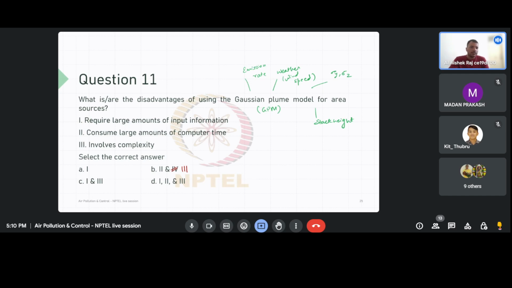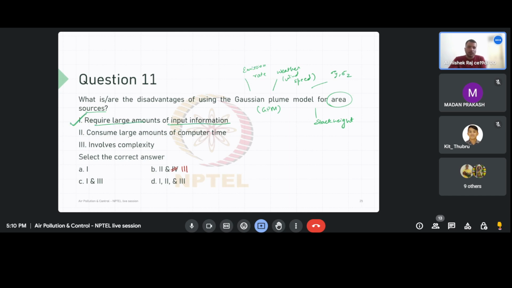And we don't need these for just one source. Since we are considering area sources, we'll do the calculation over a certain area. If we have to calculate for a whole community, a whole city, there will be thousands of sources causing pollution. So to include everything in GPM, we will need a lot of parameters and a lot of data. So option one is correct: it requires a large amount of input information.